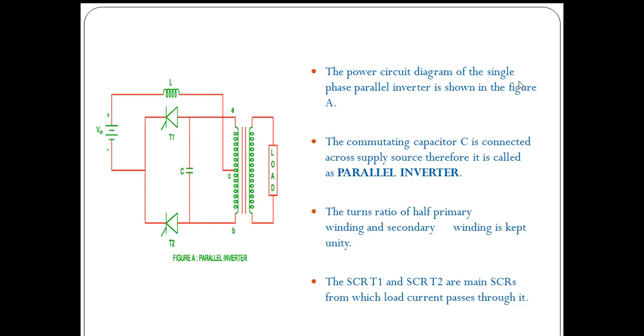The power circuit diagram of the single phase parallel inverter is shown in this figure. The commutating capacitor C is connected across the supply source, therefore it is called a parallel inverter. The turns ratio of the primary winding and secondary winding is kept unity.